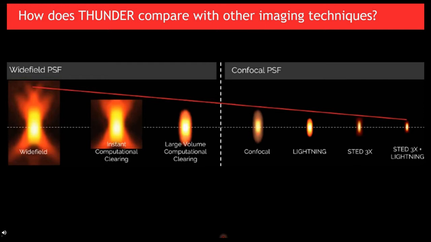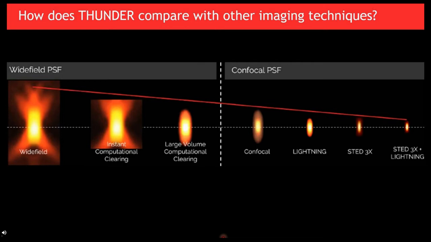You'll notice that after ICC, the size of the PSF is indeed smaller, and this is a consequence of removing some of the background. But when we pair ICC with adaptive deconvolution, such as in the case of LVCC, we see a further reduction in the PSF. It's not quite as small as in other modalities, such as confocal microscopy.